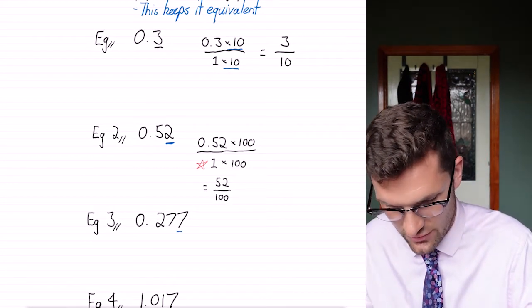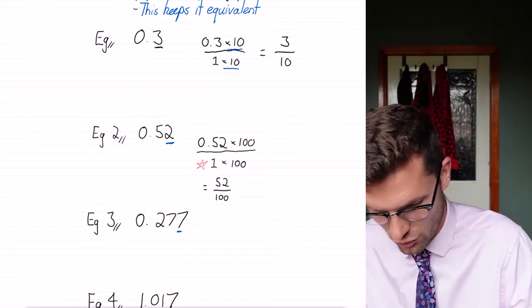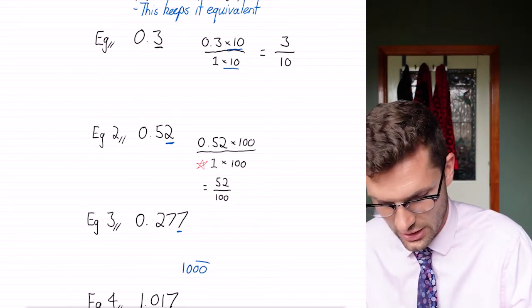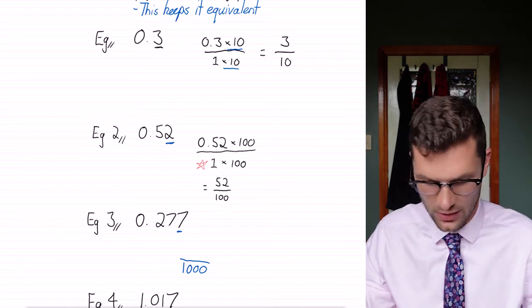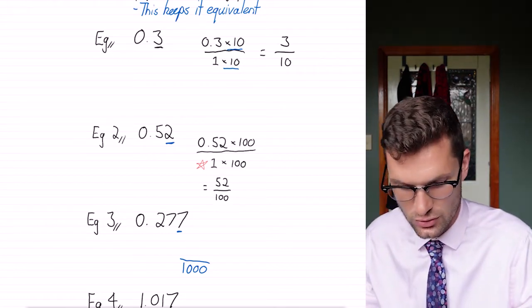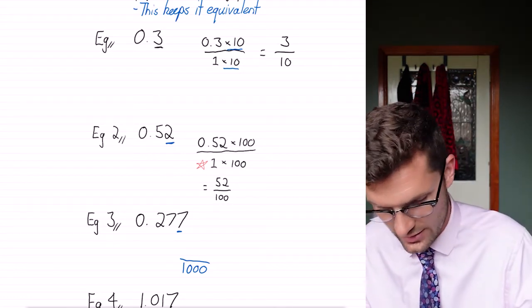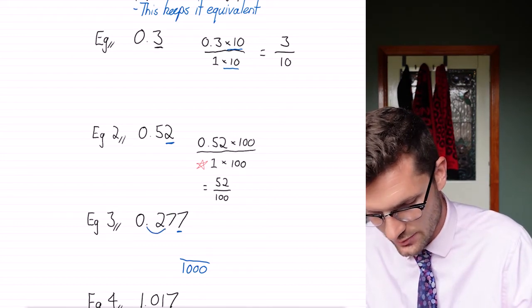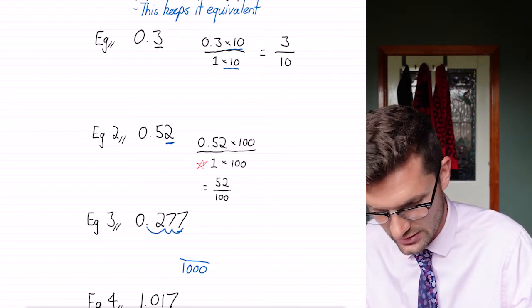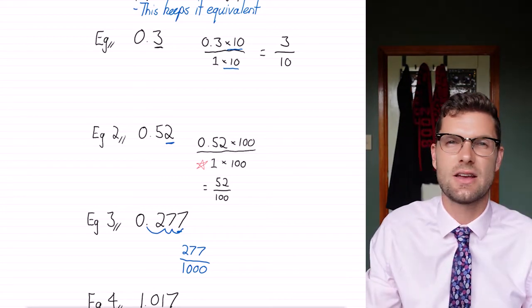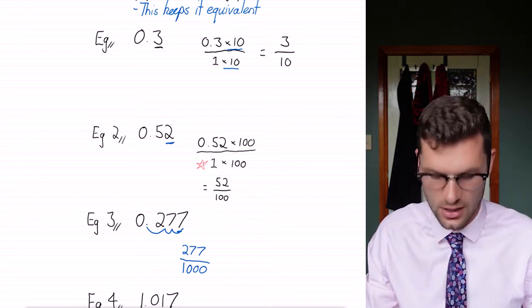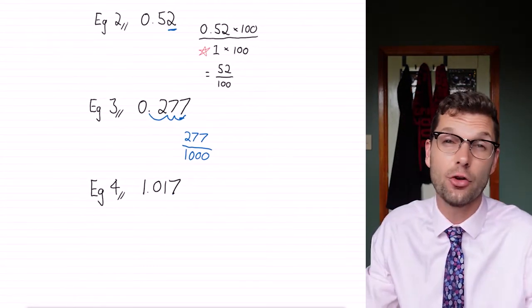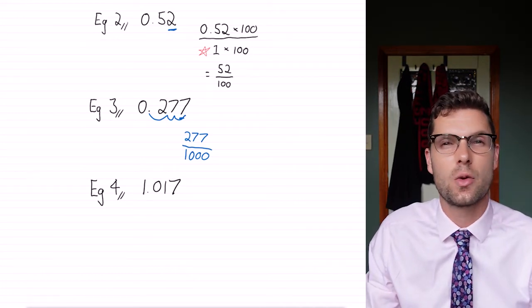So this last 7 is in the 1000th position, so straight away I know that my answer is going to be over 1,000. Okay, the 0.277 is multiplied by 1,000, which moves the decimal place back 1, 2, 3 points, and we've got 277 over 1,000. Okay, and we can also have numbers that are greater than 1.